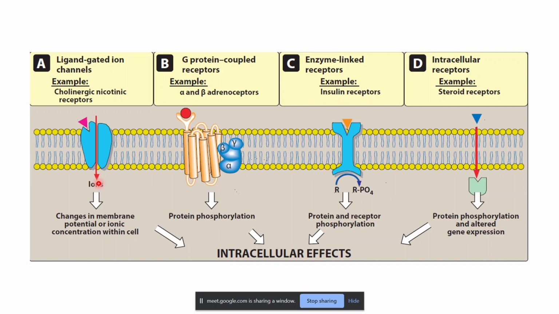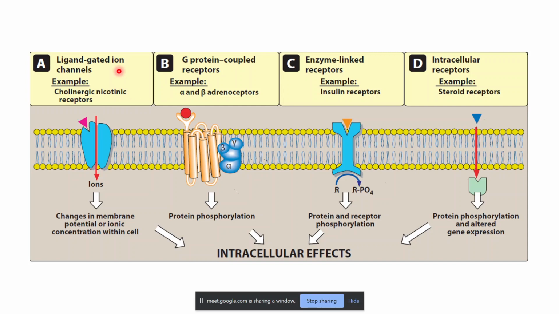An example of ligand-gated ion channels is the cholinergic receptor, and the cholinergic receptor is activated by nicotine. That results in sodium influx and potassium efflux.